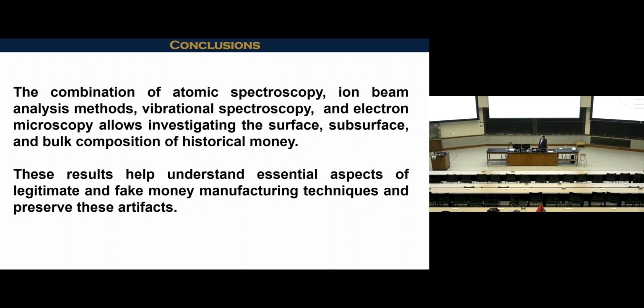We can also understand most of the production methods that people developed at that time to make these objects. And most importantly, knowing this composition information, we are able to help people preserve these objects for future generations.